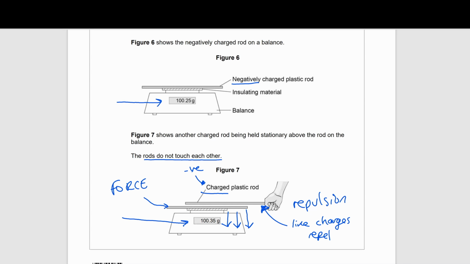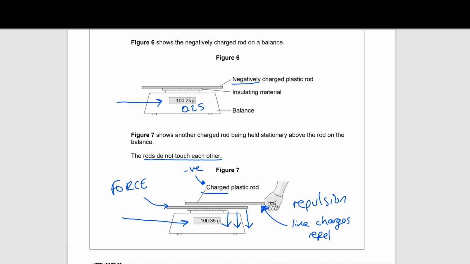This means, for example, that if we were to take this negatively charged plastic rod off of our balance, there would still be a reading which is not 0. So it could be 0.25, for example. But they are saying that that is not important in this experiment, and we need to think about why.